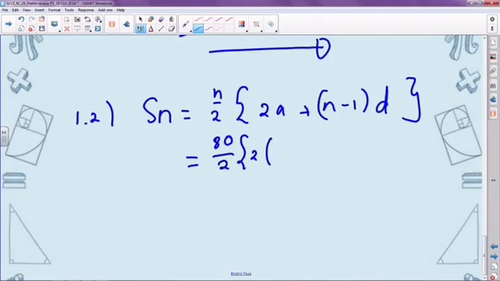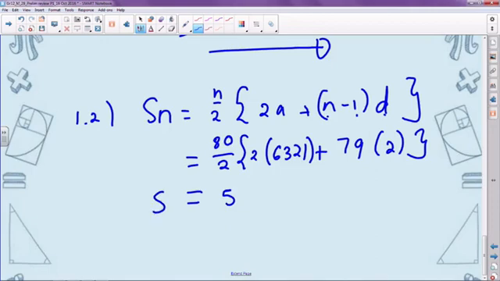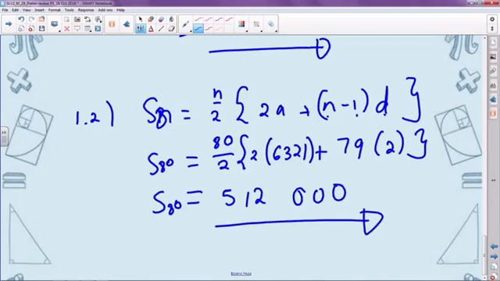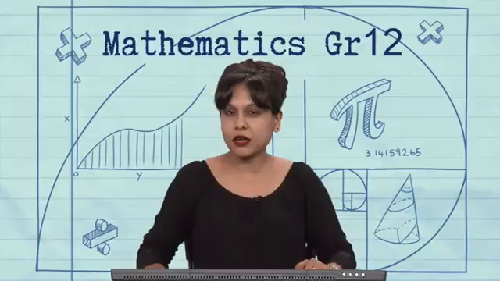A was equal to 6,321 plus 80 minus 1 will give me 79, and your common difference was 2. All right, guys, I know by this stage all of you know how to use your calculator, so you can plug that into your calculator and you'll get the following answer. You'll get the sum of 80 terms is going to be equal to 512,000.